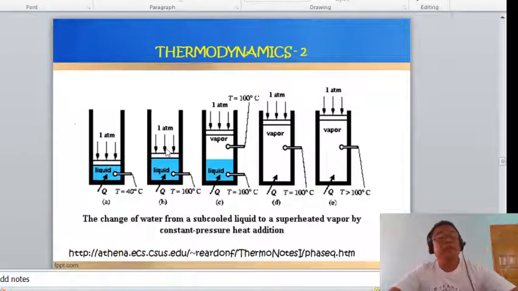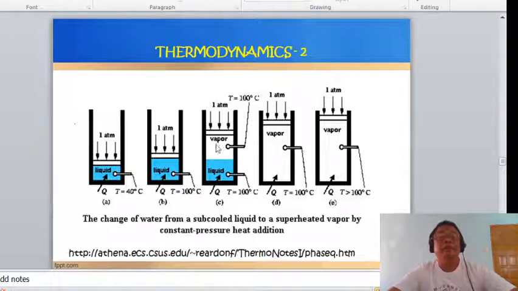Again, the pressure is 1 atmosphere, and then we have here vapor. This is a mixture of vapor and liquid, also at 1 atmosphere. Take note that the volume occupied is greater.